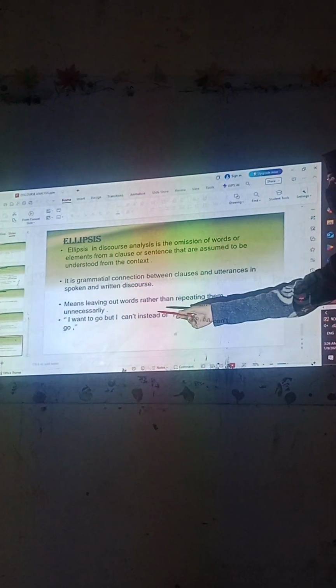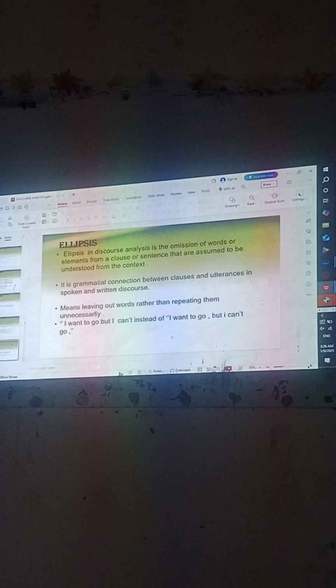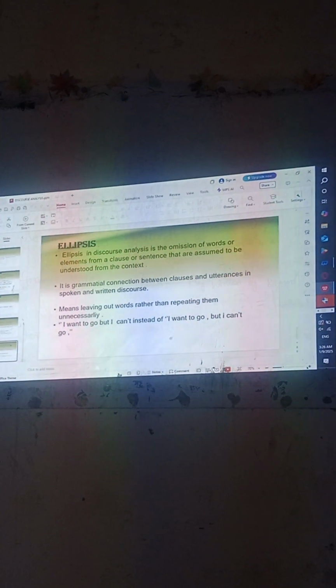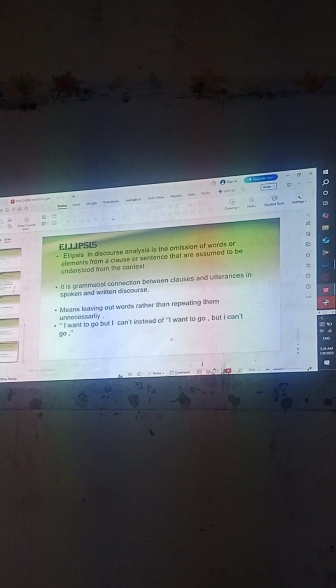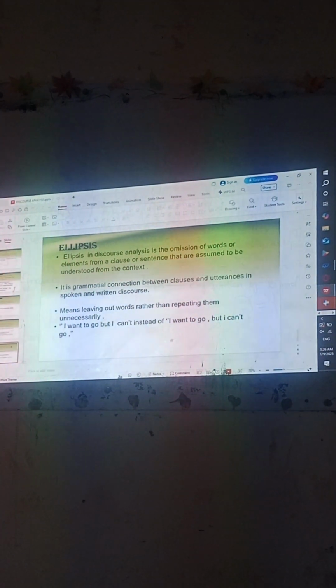It gives the complete sense that I want to go but I can't go. So instead of using go twice, the speaker removes the word go. Sometimes you leave out part of the sentence and it is understood by the audience from the context.